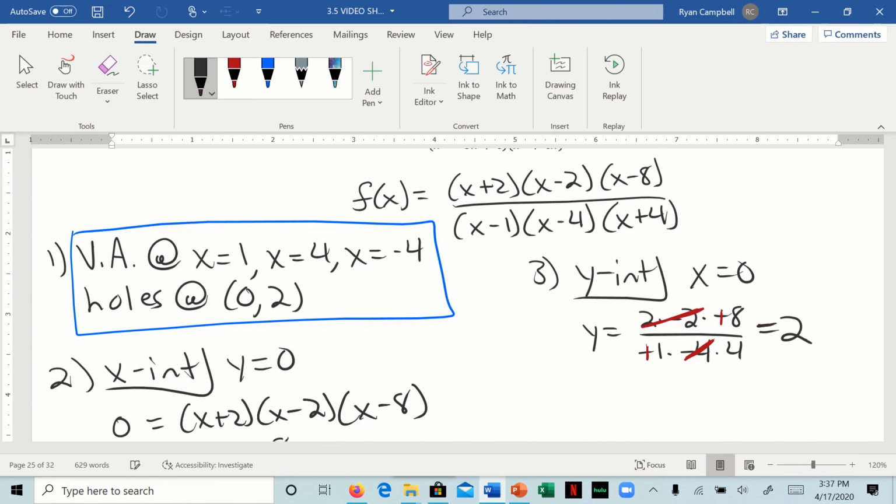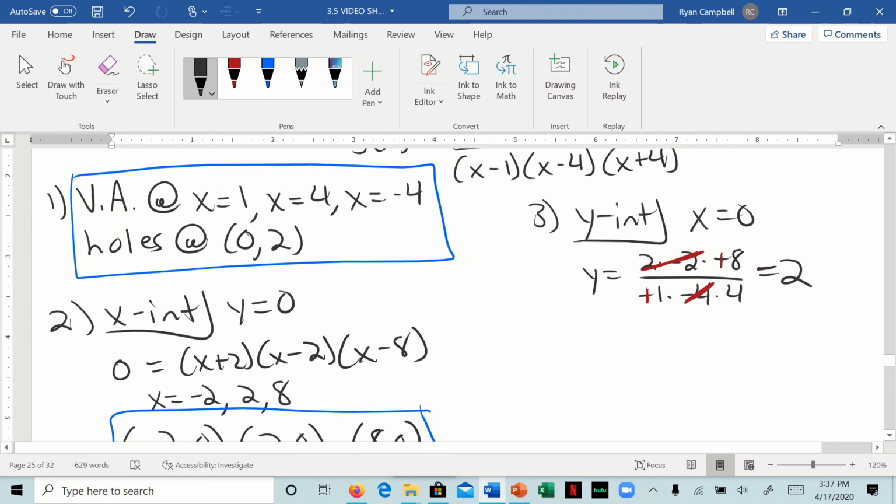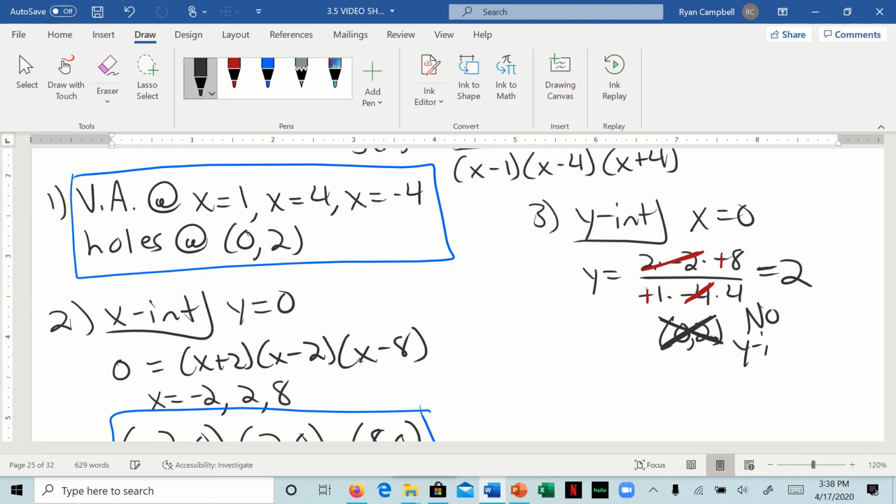So we have a y-intercept at 0, 2. Wait a minute, that looks familiar. Oh yeah, that's where our hole is, right? So since there's a hole there, we can't have an x-intercept there, or a y-intercept there. So there are no y-intercepts for this problem.